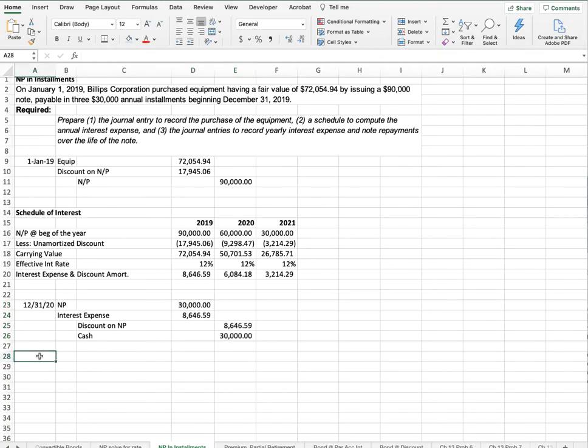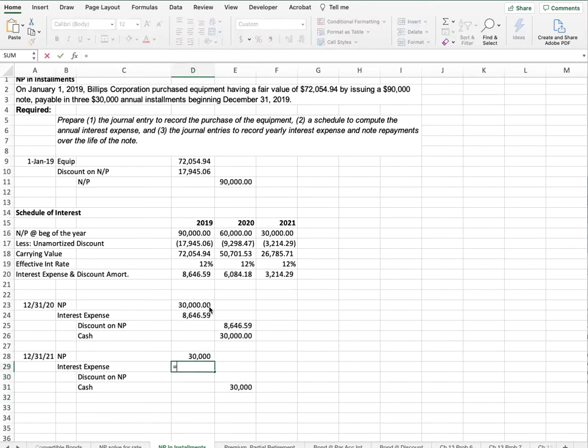Then we can come to 12/31/2021, and we can copy these accounts down. The notes payable is still that $30,000. Same thing with the cash, still the $30,000, and the interest expense is $3,214.29.